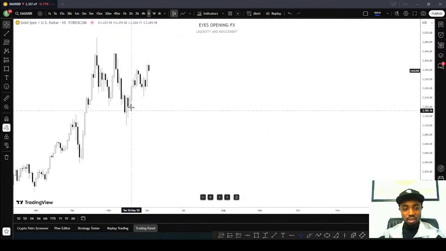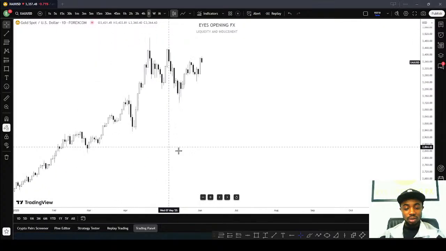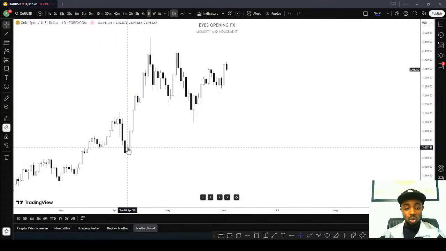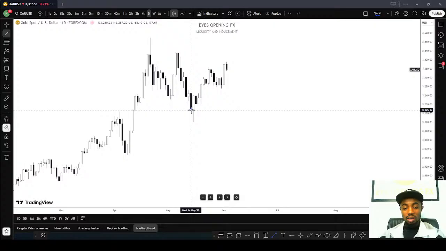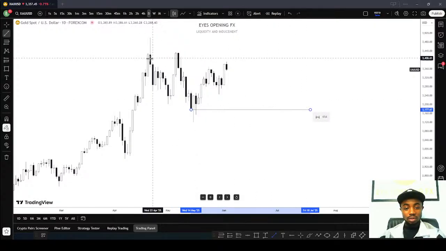So the first thing is a simple support and resistance. That means you look for two candles, a buy and sell candle or a sell and buy candle. So something like this, this is a support level. Something like this, this is a resistance level. Right?